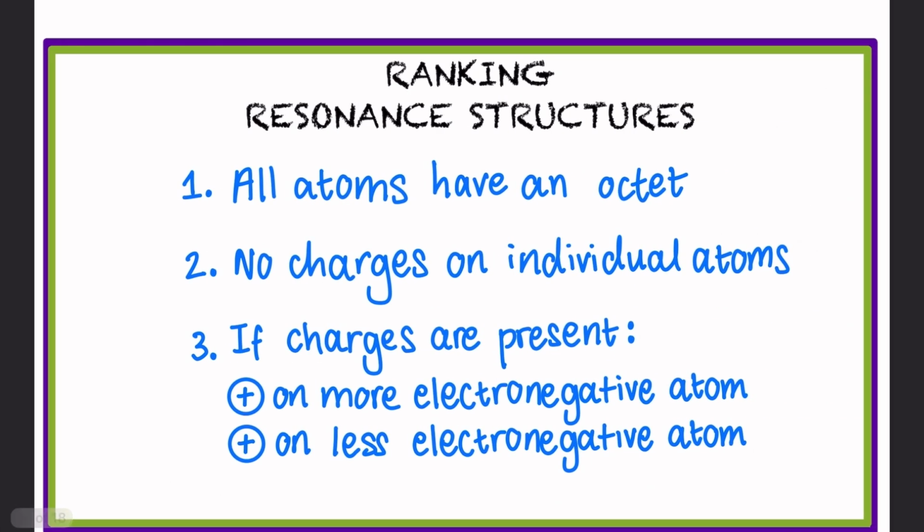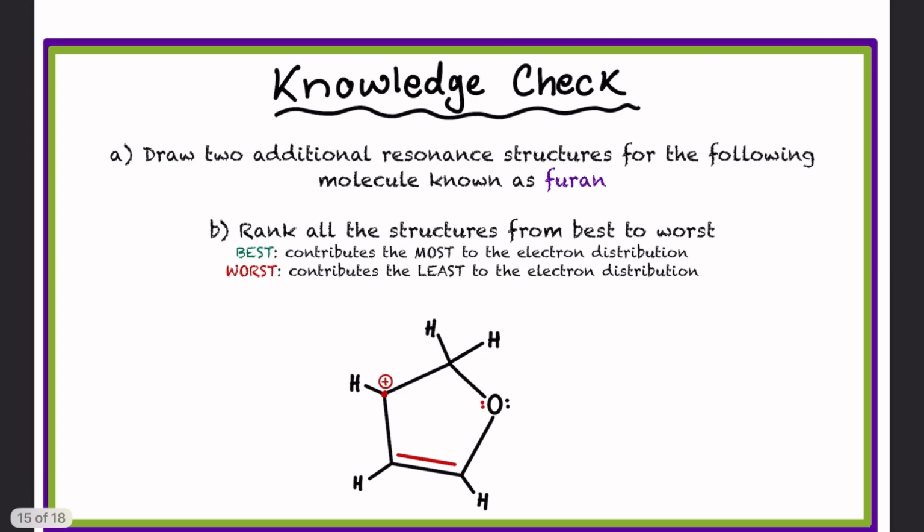The best and most stable resonance structure contributes the most to the real or ideal electron distribution in the molecule. When determining the best structure, you want to prioritize the following things here that we have already discussed in our rules. Now take a deep breath and try it out yourself.